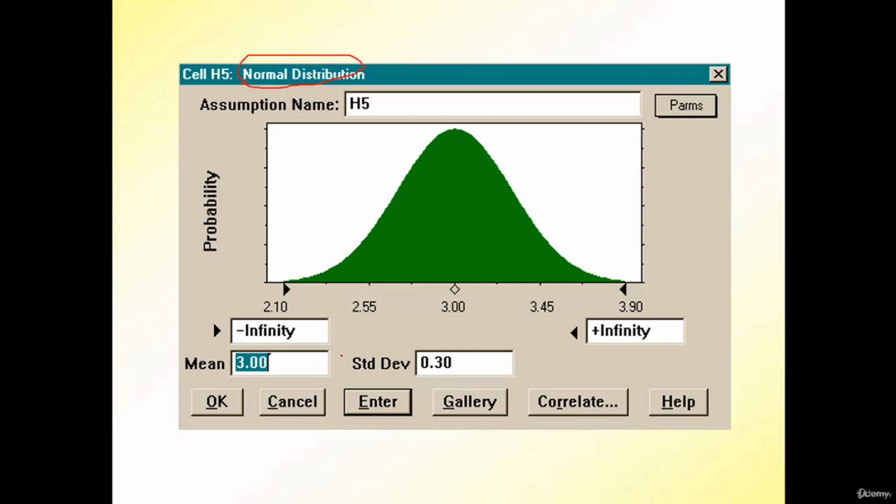Then I need to define the mean and the standard deviation, as we discussed these parameters in the last session about statistics.